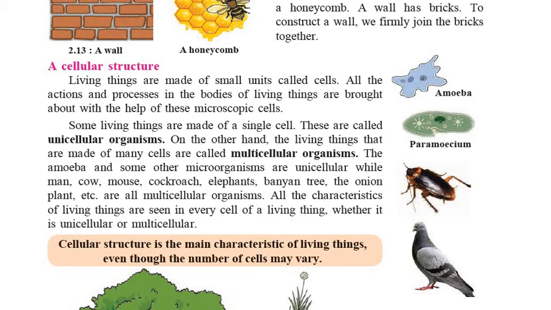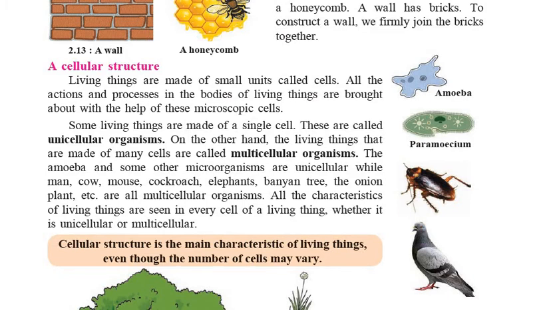All the actions and processes in the bodies of living things are brought about with the help of these microscopic cells. Some living things are made up of a single cell. These are called unicellular organisms. On the other hand, the living things that are made of many cells are called multicellular organisms.